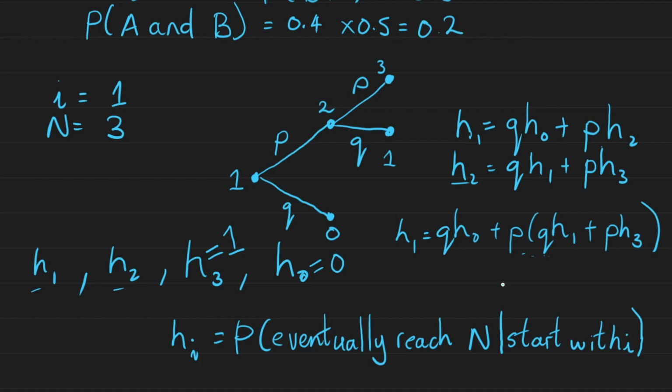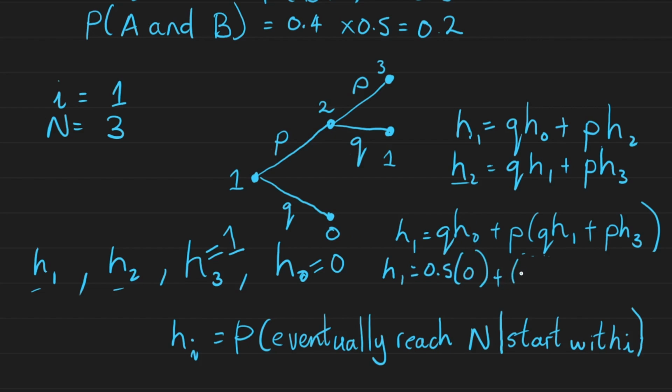If we just say that P is equal to 0.5 and thereafter Q is equal to 0.5, we can completely solve this. So we'll have H1 is equal to 0.5 times 0. Remember that there's no way to reach state 3 from 0.